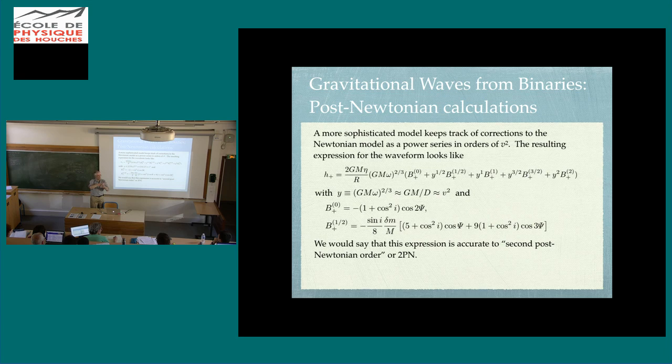So we're talking about orbiting binaries as they're approaching their coalescence, but not yet there. And you can expand it in a power series where your y is this factor, which is basically proportional to v squared. So y squared would be a v to the 4th term.